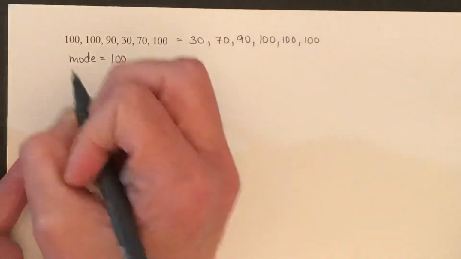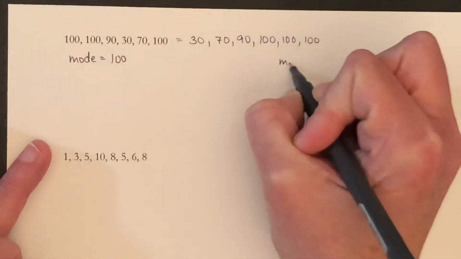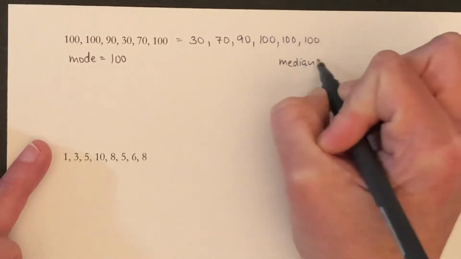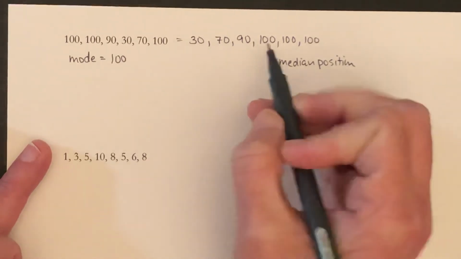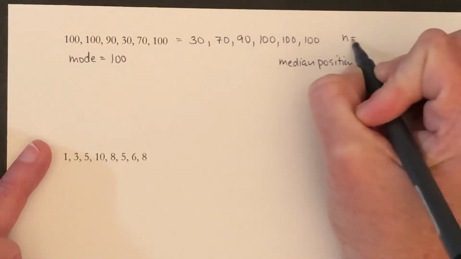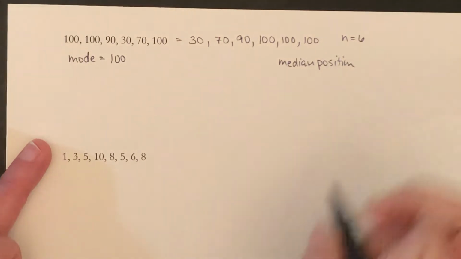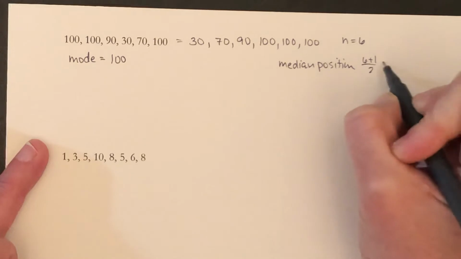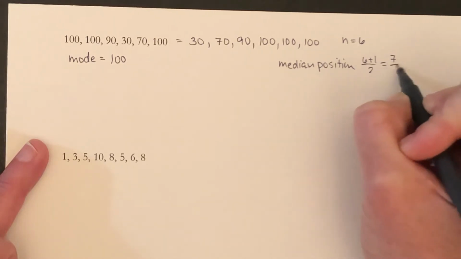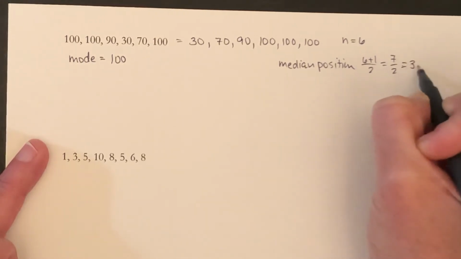Let's figure out where the median is. Our n, we have 6 items. So this will be 6 plus 1 over 2. 7 over 2 is 3.5.